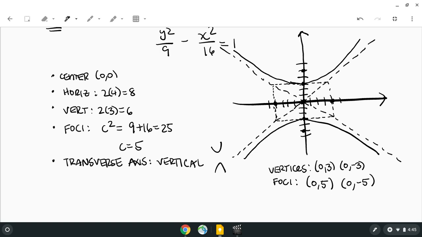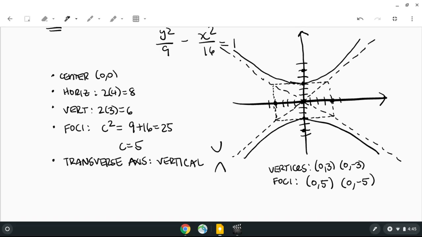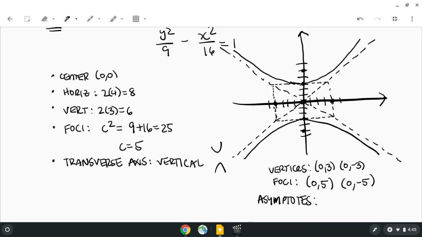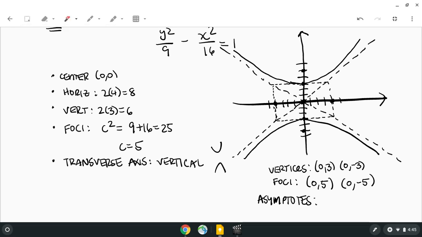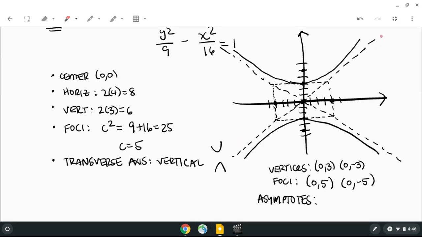Okay, and now our asymptotes, those are our y equals mx plus b. So let's do the positive line first. This line right here, the positive line.